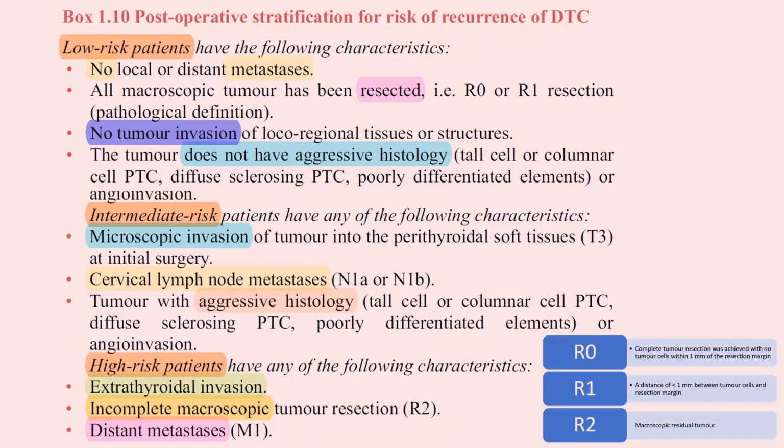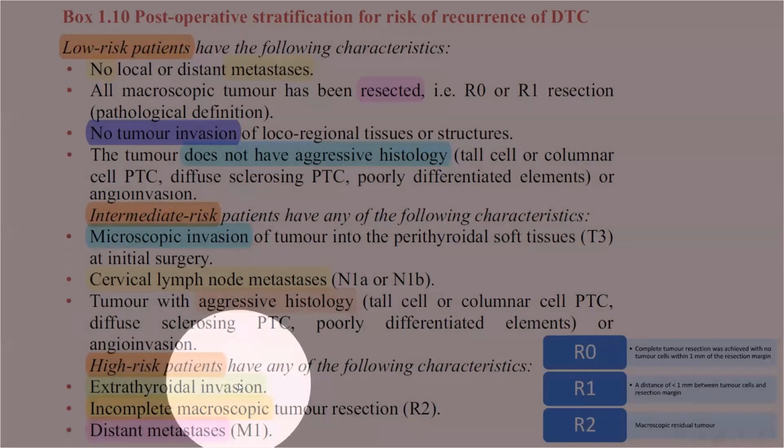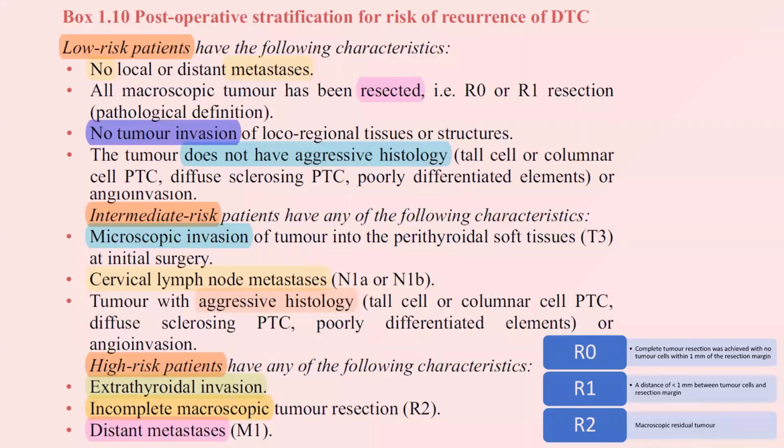R0 means complete tumor resection was achieved with no tumor cell within 1 millimeter of the resection margin, but R1 means a distance of less than 1 millimeter between tumor cell and the resection margin. R2 is a macroscopic residual tumor and represents a high risk patient. If there is R2, which means incomplete macroscopic tumor resection, this is a high risk patient and needs radioactive iodine ablation and suppressive therapy.